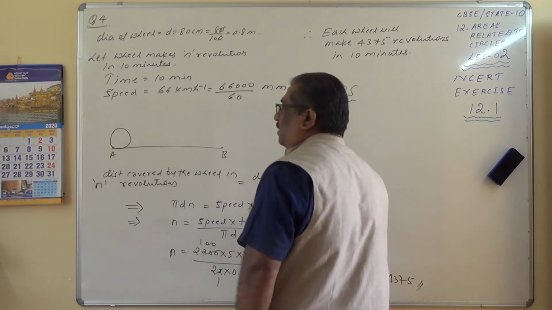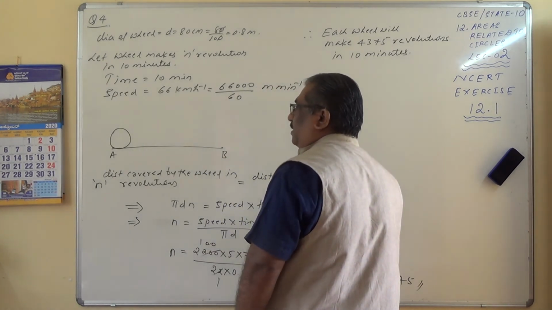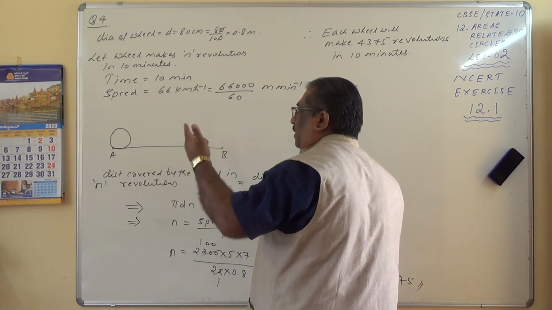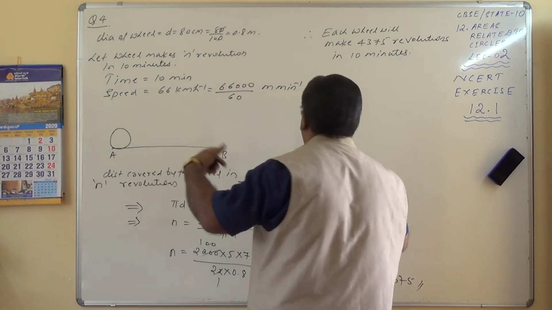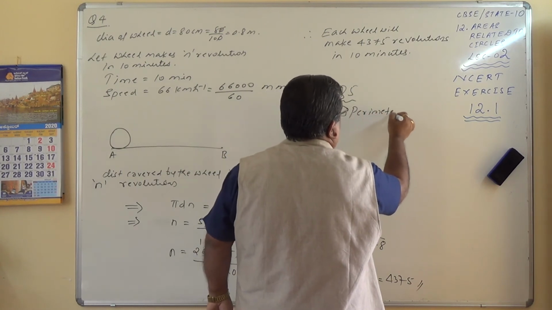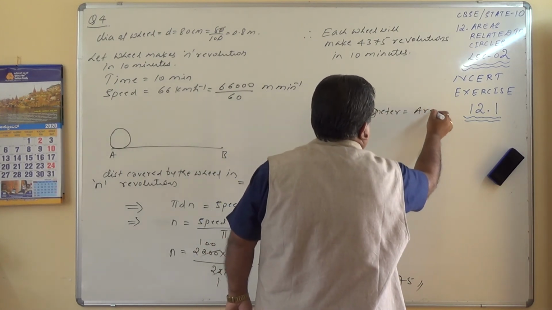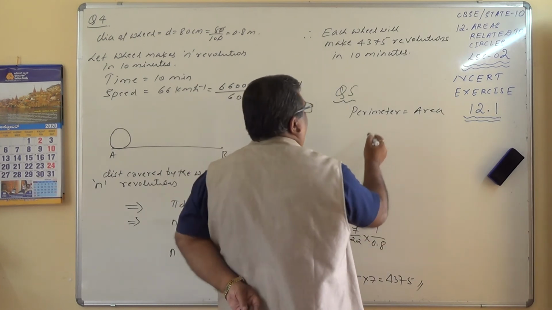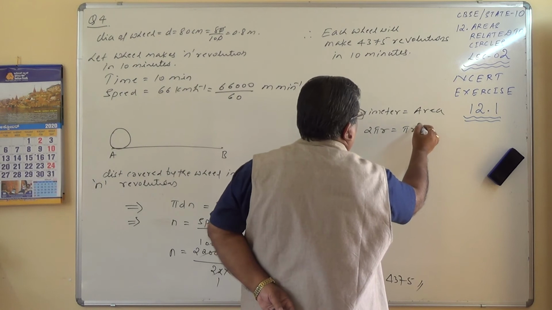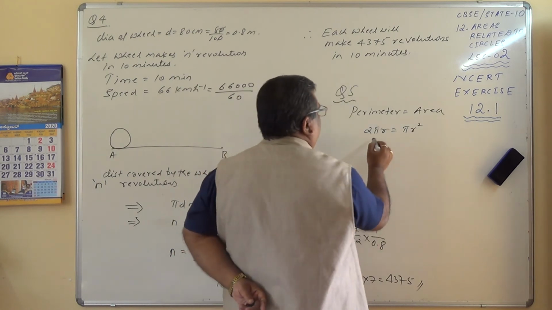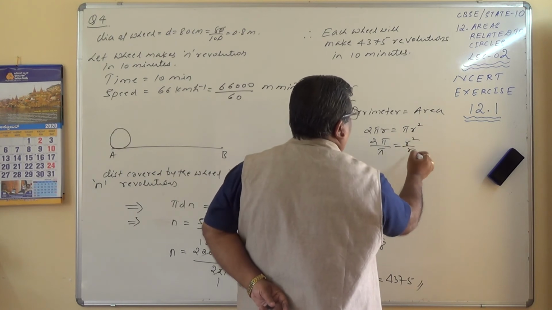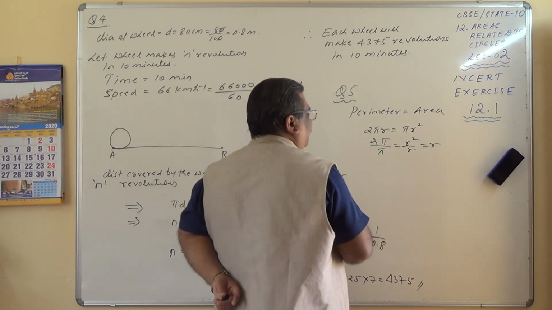What is given is, let r be the radius. In that case, according to the question, if the perimeter and the area of the circle are numerically equal, perimeter is equal to area. So perimeter is 2 pi r, area is pi r square. So 2 pi divided by pi equals r square by r, which is r.